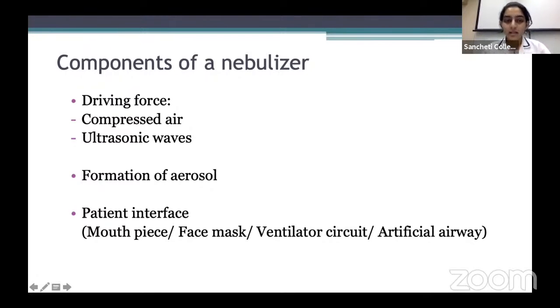Then, using this driving force, some mechanism takes place because of which an aerosol is generated. We'll talk about the mechanism. Aerosol is generated, and now that aerosol has to be introduced into the patient. How am I going to do that? Using a patient interface. It could be a mouthpiece, a face mask, or a ventilator circuit or an artificial airway. We'll go through details of this.